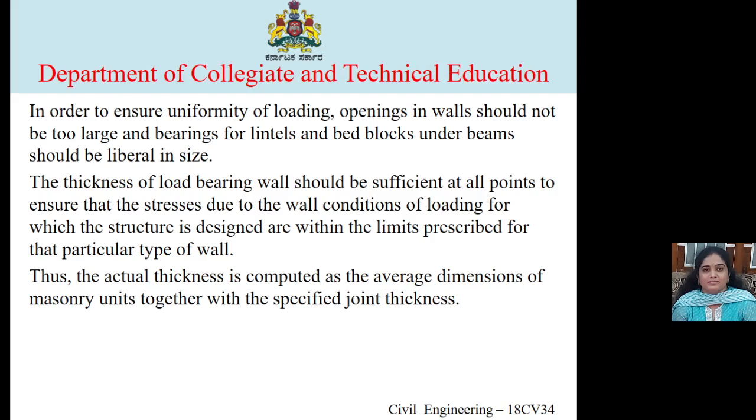You cannot make it 200 mm or 150 mm thick. Thus the actual thickness is computed as an average dimension of masonry together with the specified joint thickness. In cases which you cannot avoid, there you can go for average thickness. But still it has to meet the requirement.